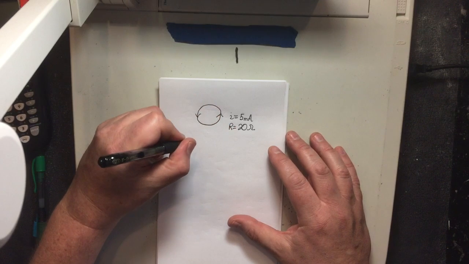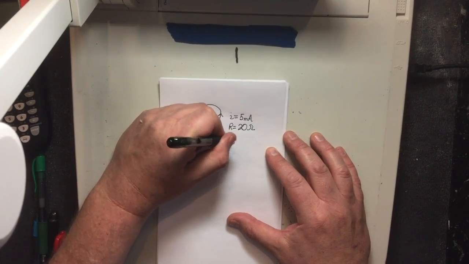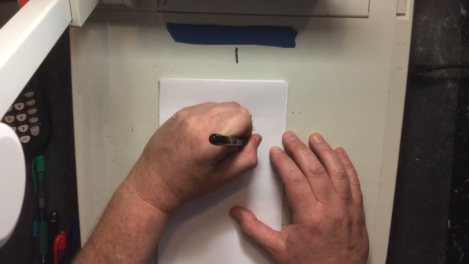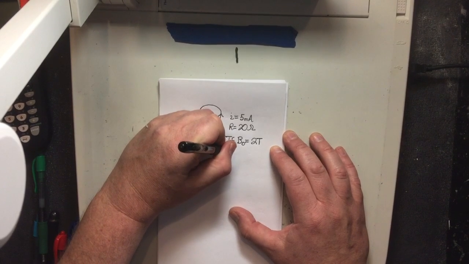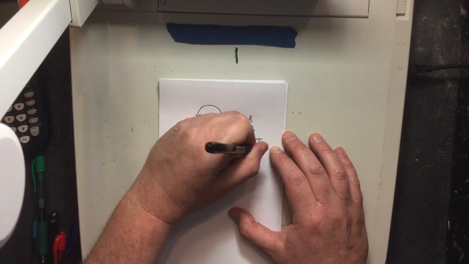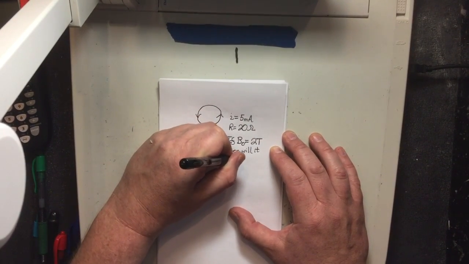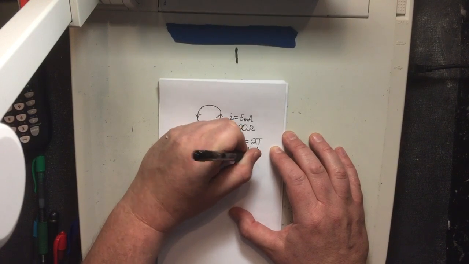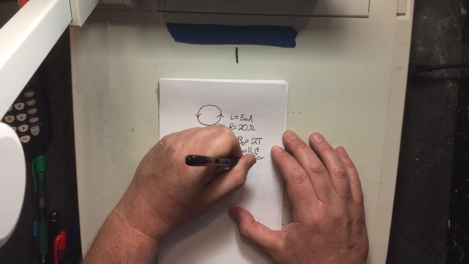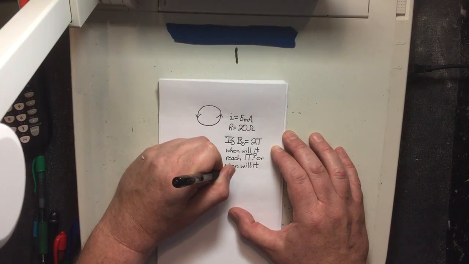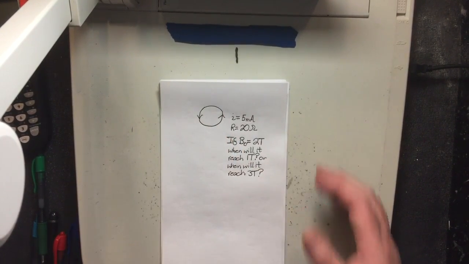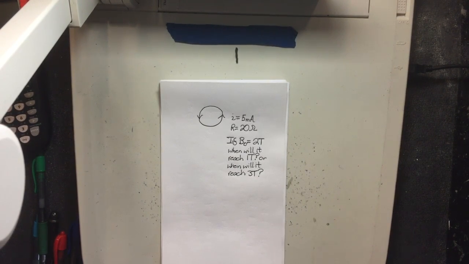I want to know, if B naught is equal to 2 Tesla, when will it reach 1 Tesla, or when will it reach 3 Tesla? So it's either got to increase or decrease.